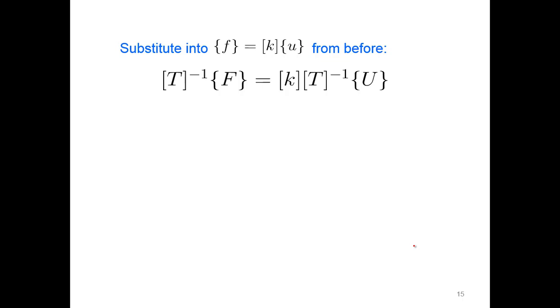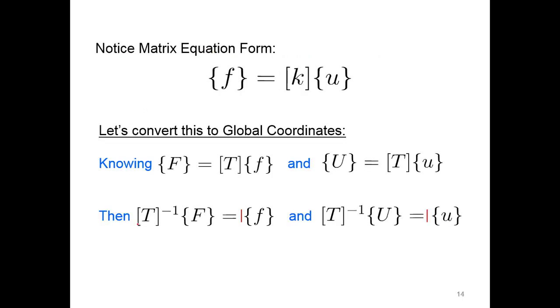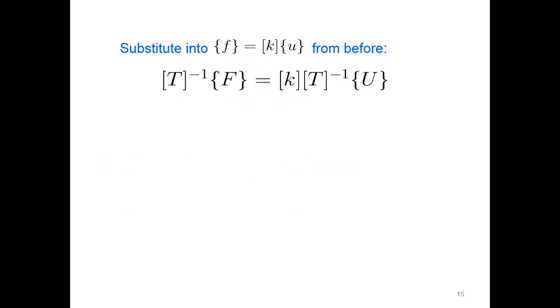Now if we substitute what we just saw for these two equations back into this equation up top, F becomes the inverse of the transformation matrix times the global force, equals, substituting in for the local U, the inverse of the transformation matrix times our global displacements.